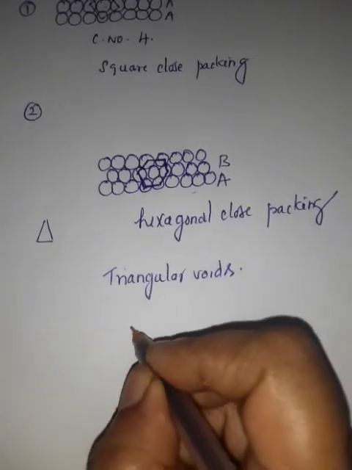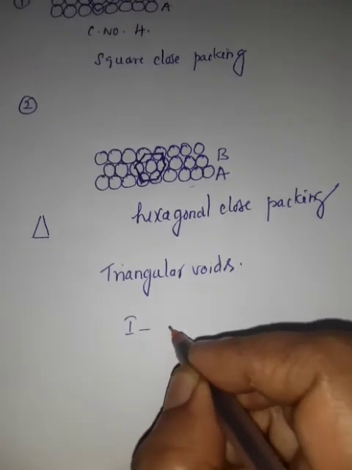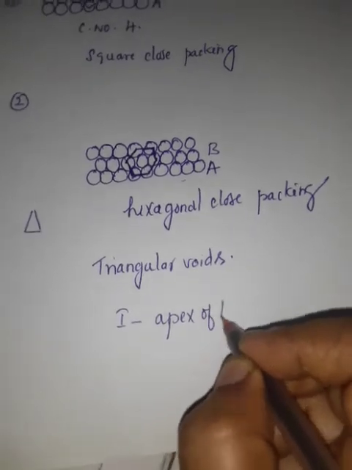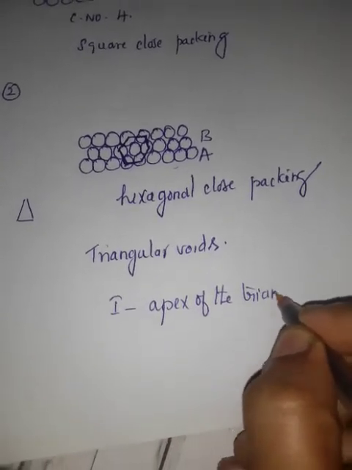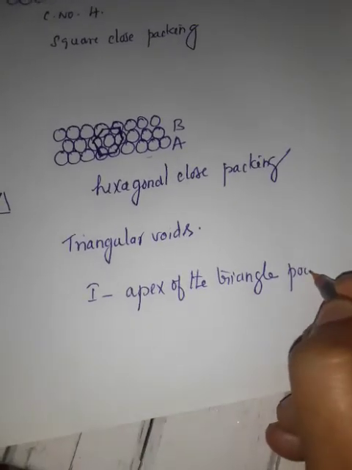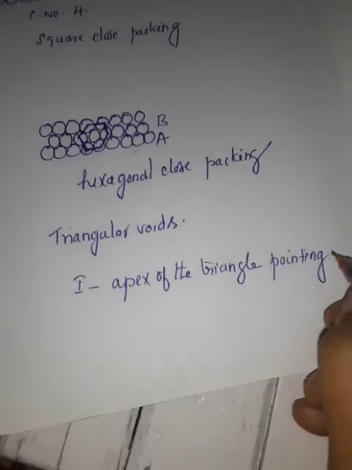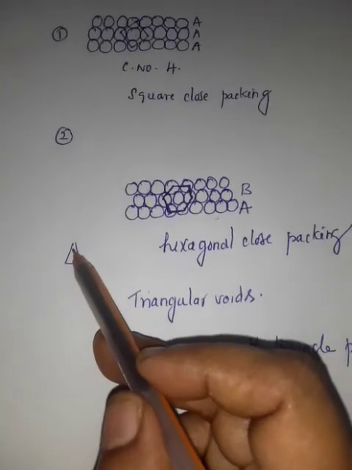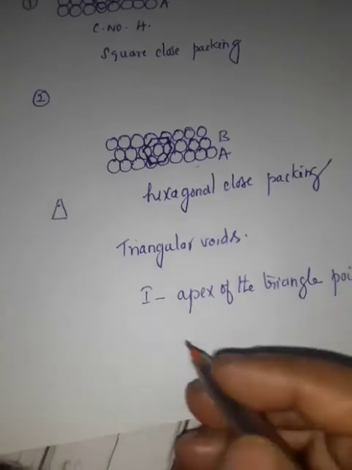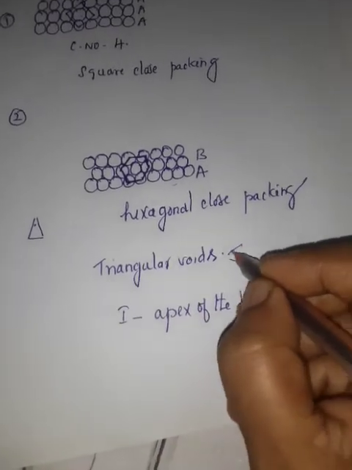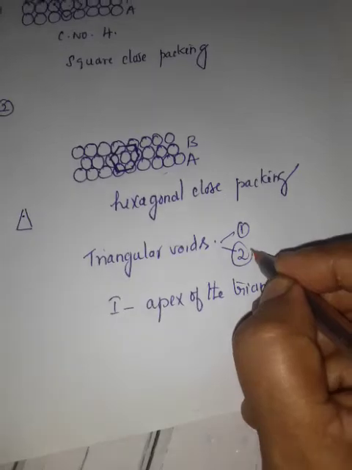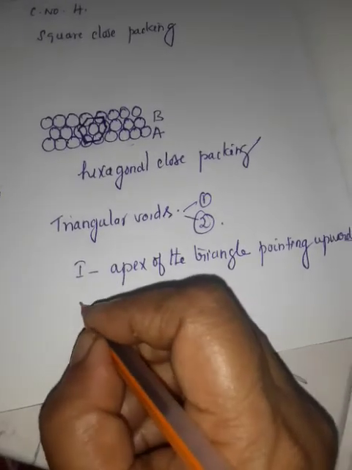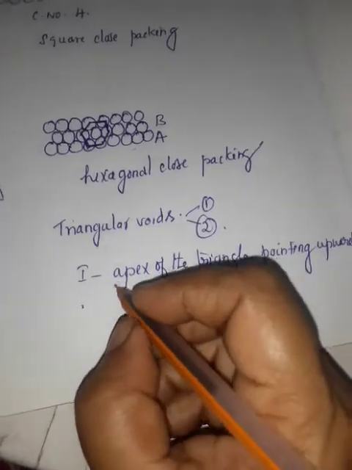In the first row, the apex of the triangle is pointing upwards. Apex means this point. Triangular voids are of 2 types. The first one, the apex of the triangle pointing upwards, is in the first row.